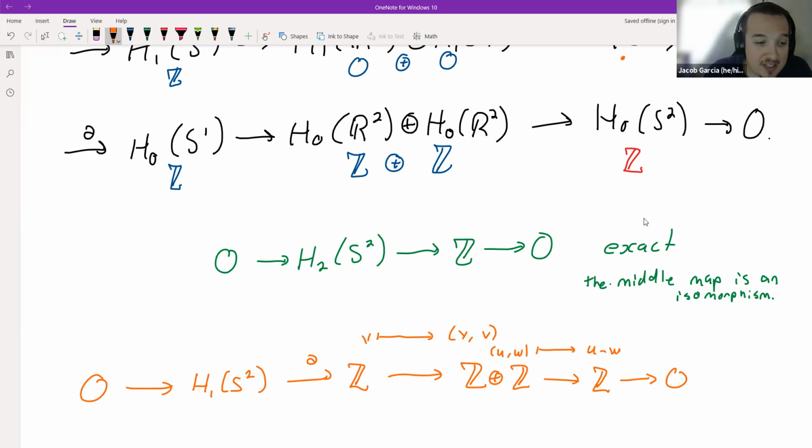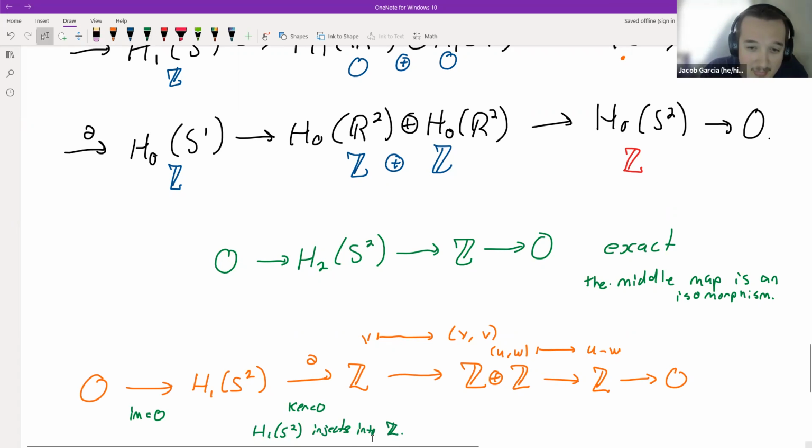So trying to figure out what this is, I have that the image of this map is 0. So that means that the kernel of this map is also 0, i.e. this boundary map is injective. So I have that H1 of S2 injects into Z, and that's nice.